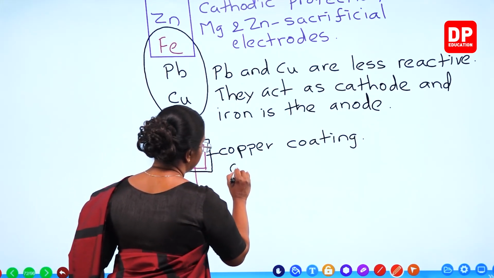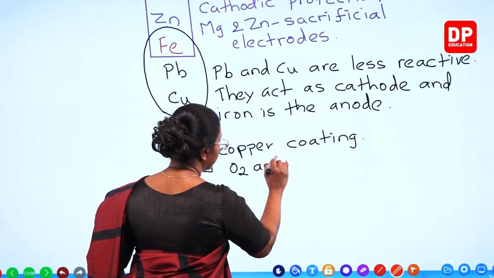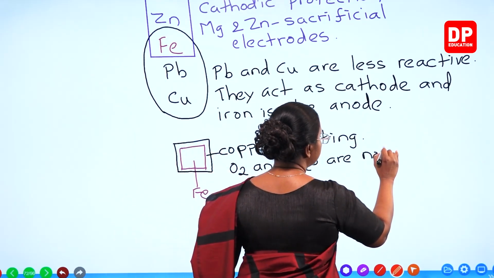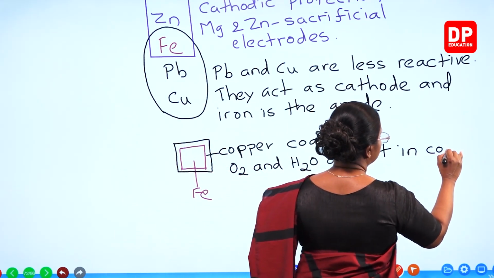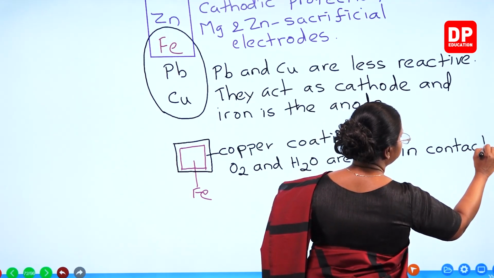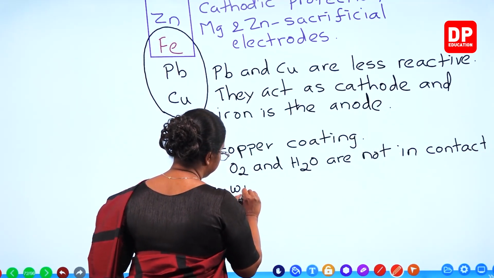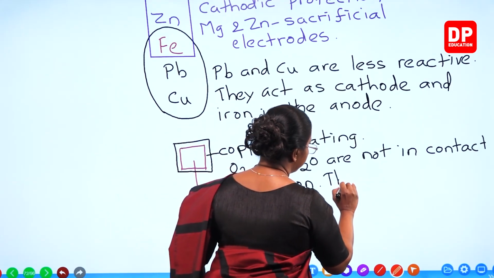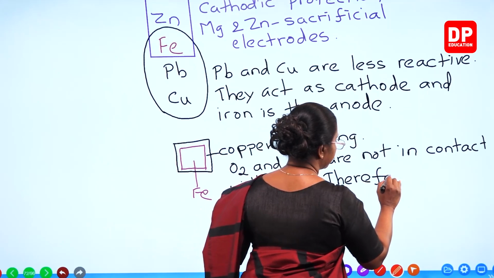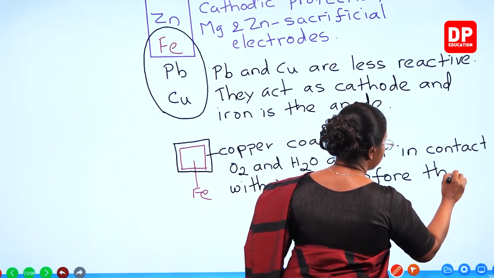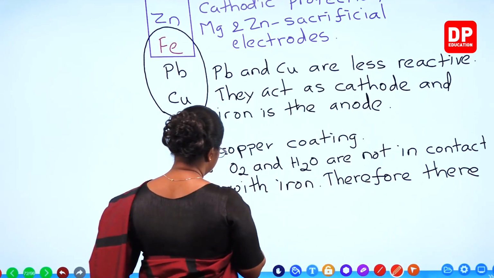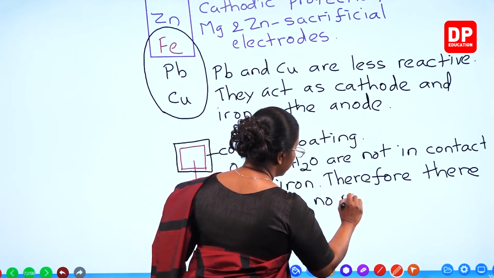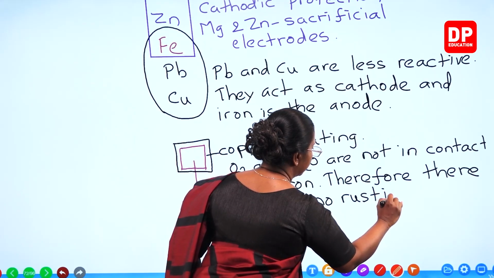So O2 and water are not in contact with iron. Therefore, there will be no rusting.